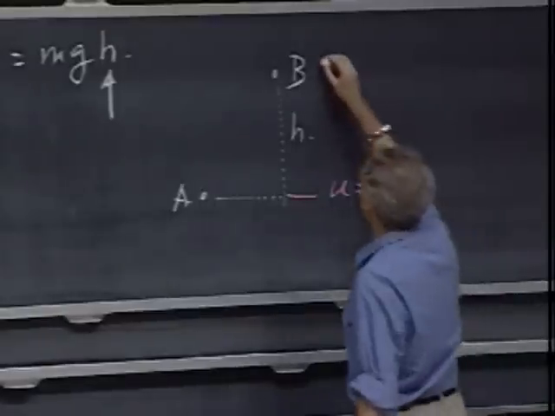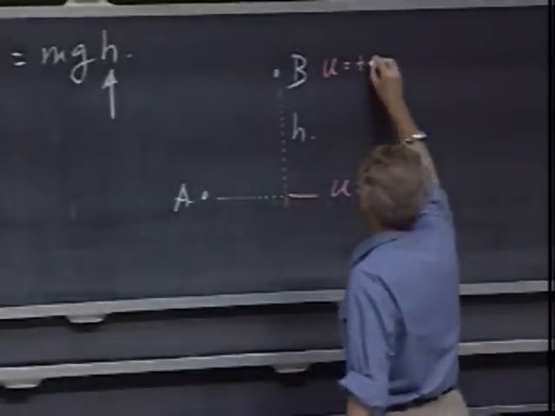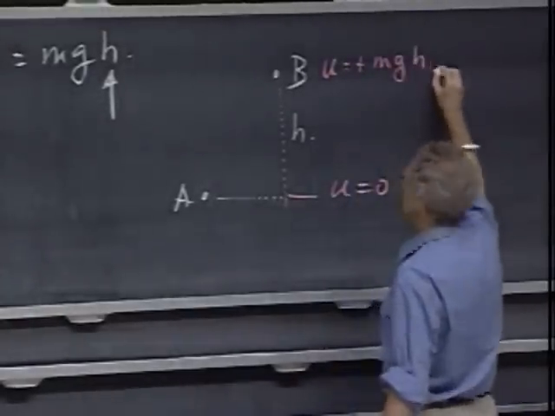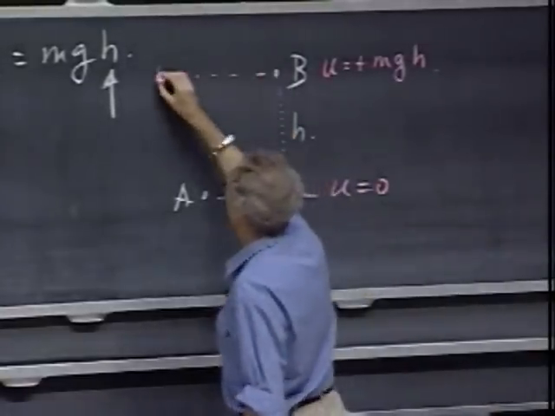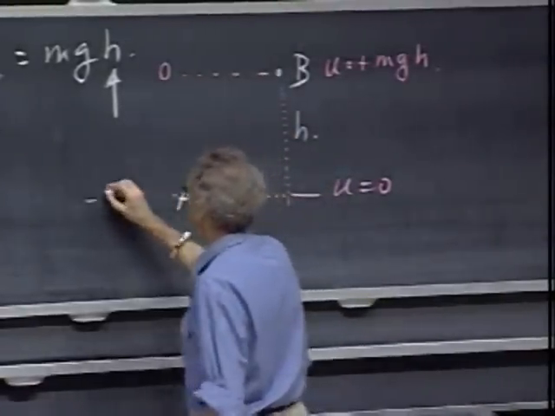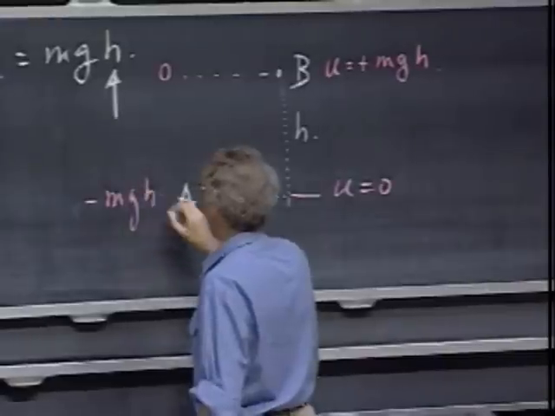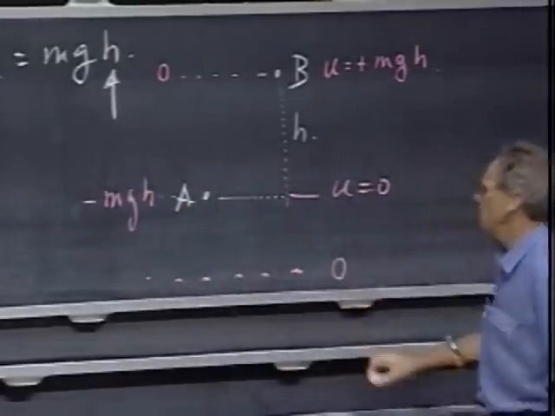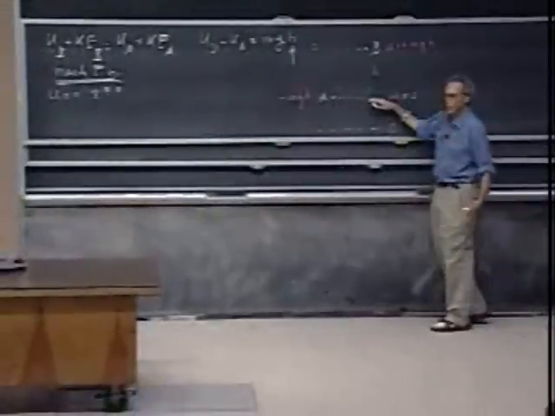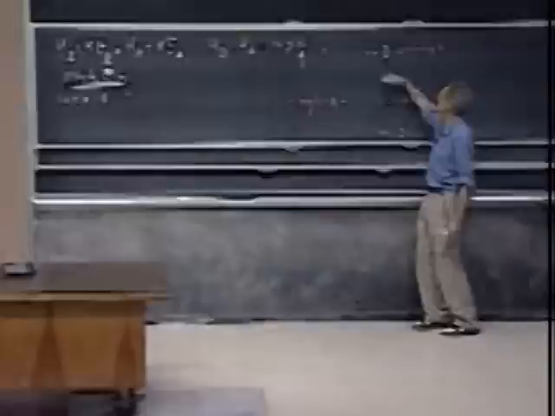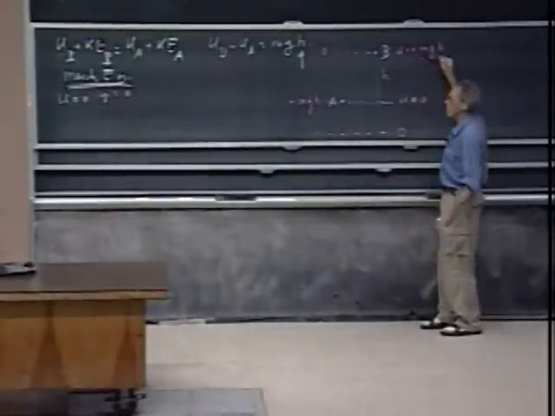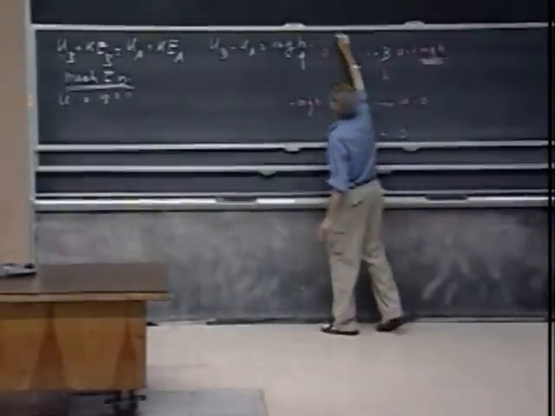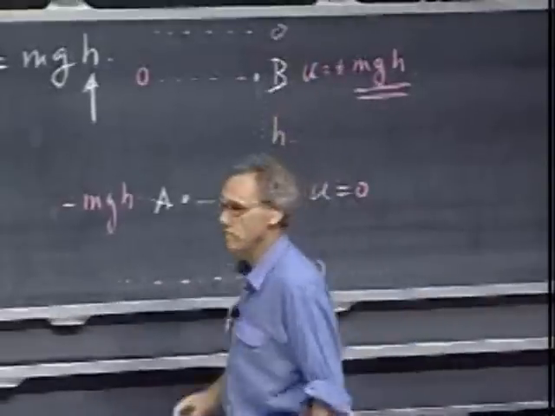Then you would have to call this U plus mgh. If you say, no, I don't want to do that, I want to call this 0, that's fine. Then this becomes minus mgh. If you prefer to call this 0, that's fine too. Then this will have a positive gravitational potential energy, and this will have one that is higher than this one by this amount. If you say, really, I like to call this 0, of course the same holds.